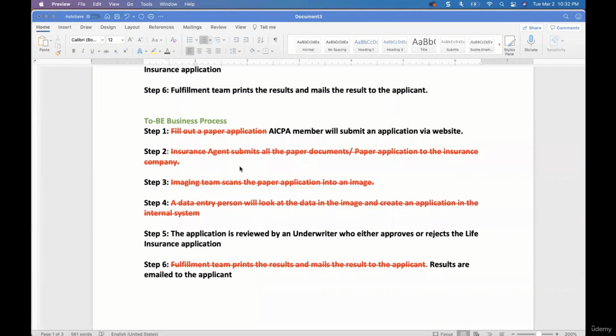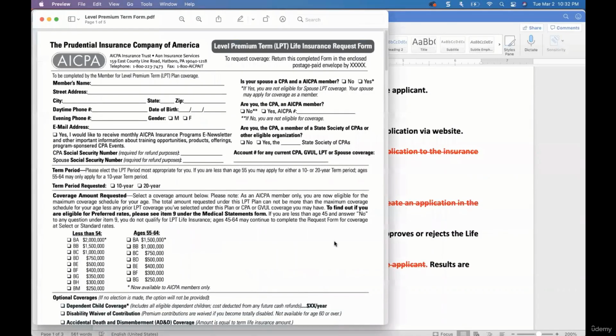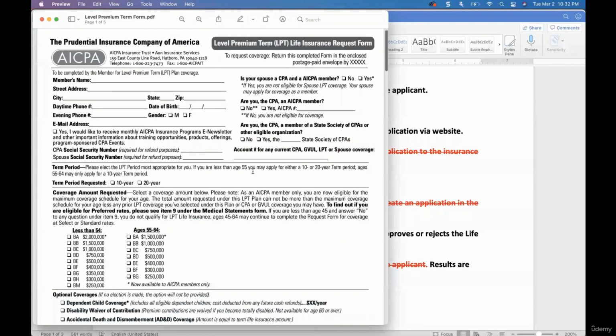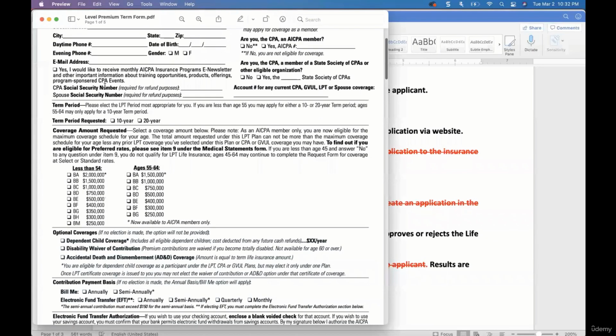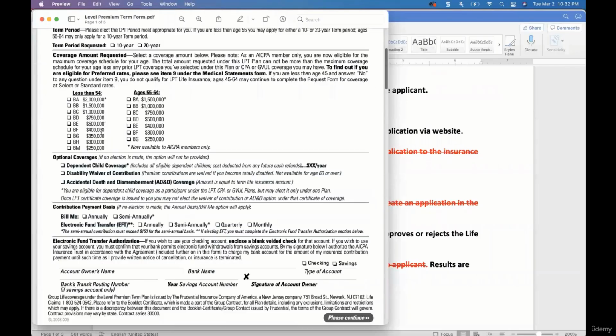So what you would be doing is you would try to get access to the paper application, saying, hey, can I have a look at your current application? And you want to go through each of the fields of this paper application and make sure that you really understand what each field means. For example, you might come across some jargons like dependent child coverage, disability waiver of contribution, accidental death and dismemberment.